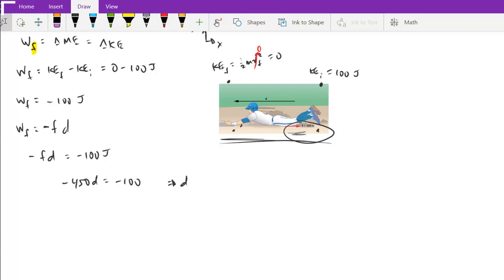And of course, I could have given you maybe an initial velocity and a coefficient of friction, and we could have put a few more steps into here, but it still wouldn't have been that difficult.